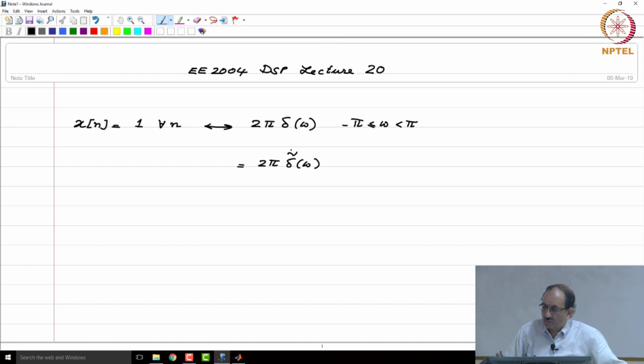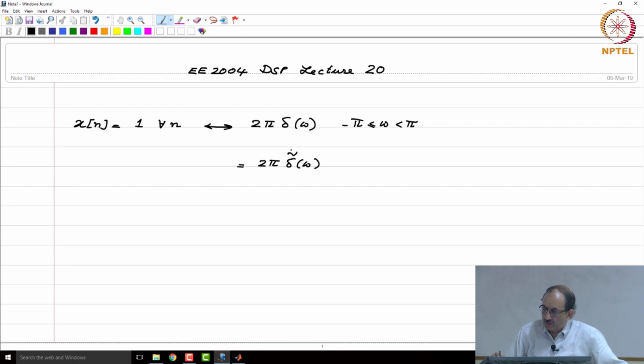And note that x of n equals 1 for all n does not possess Z transform. And this is analogous to x of t equal to 1 having continuous time Fourier transform 2 pi delta cap omega, and x of t equal to 1 for all t does not possess bilateral Laplace.